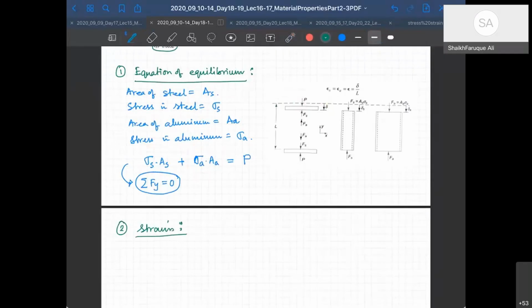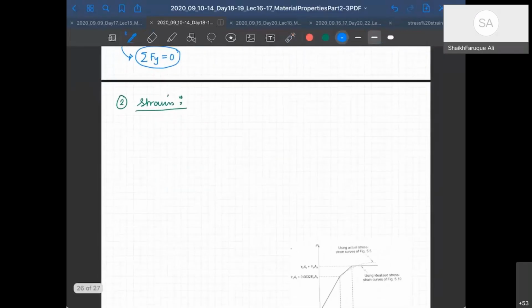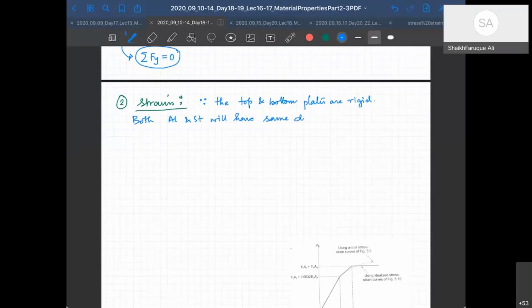In strains, I have to write that since the top and bottom plates are rigid, both AL and ST will have the same deformation, right?